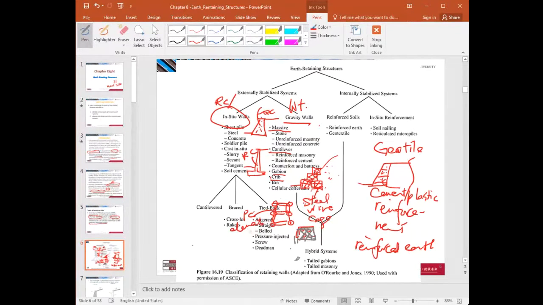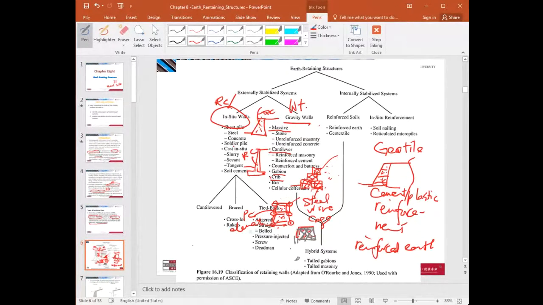And then you stack them up to a certain height, and inside you infill with soil. So it also becomes a very stable structure, taking advantage of its heavy weight. So it's a gravity wall.